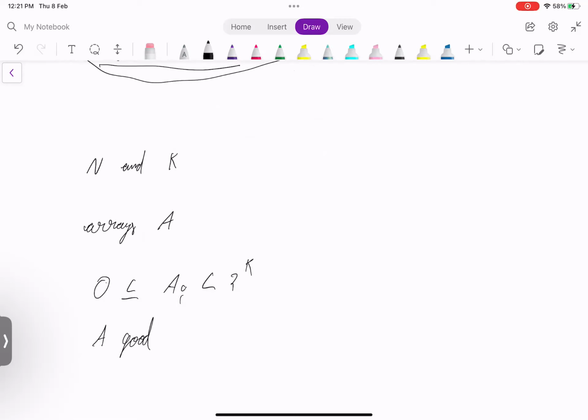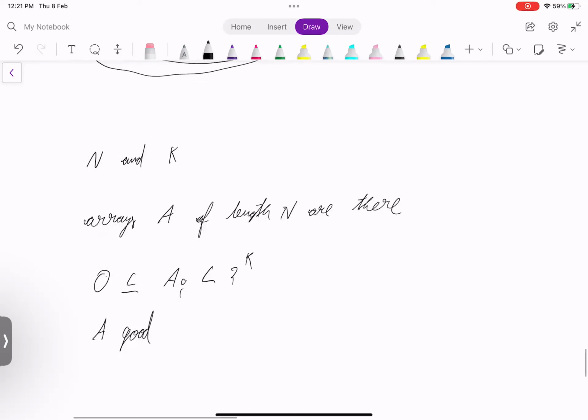So basically we should count how many arrays A of length n are there such that each element A_i is in the range 0 to 2 power k, where 2 power k is exclusive, and array A is good.